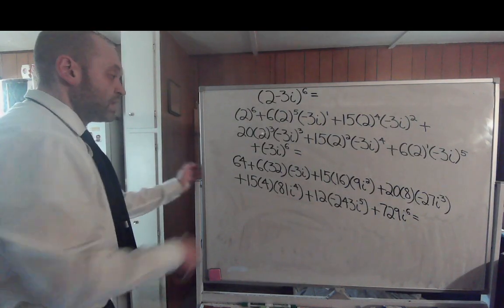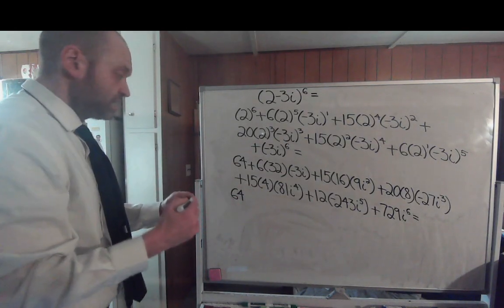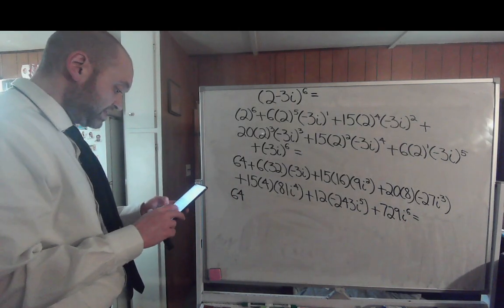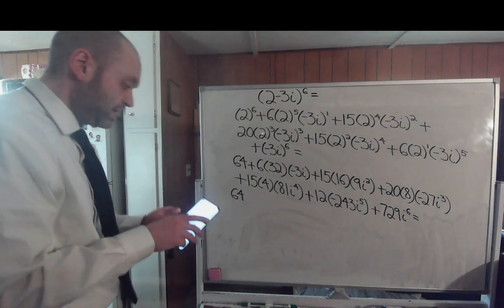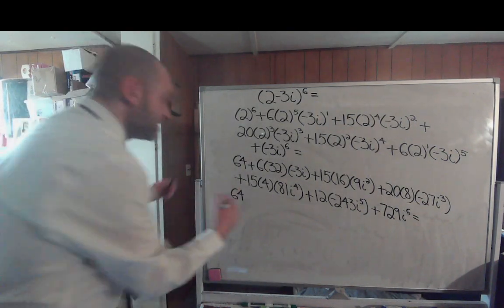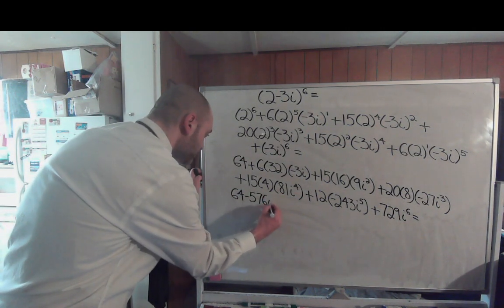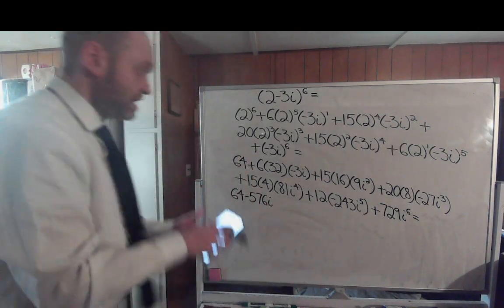Now, we still have 64. Now let's take 6 times 32 times negative 3. So 6 times 32 is 192 times negative 3. That would give you minus 576i. All right, 15 times 16 times 9.